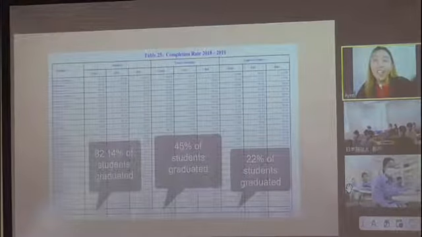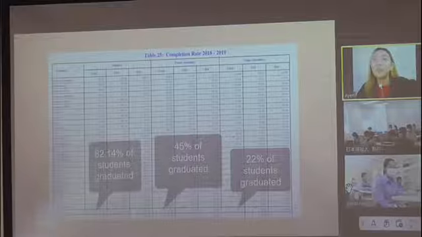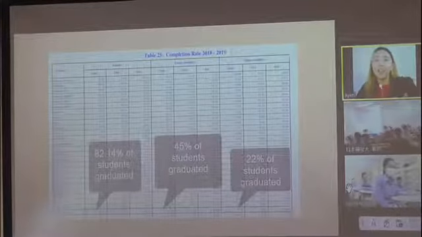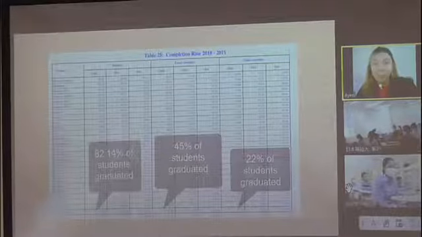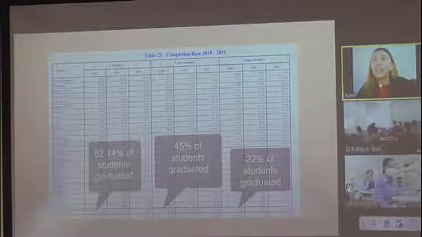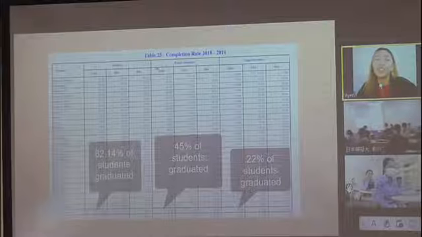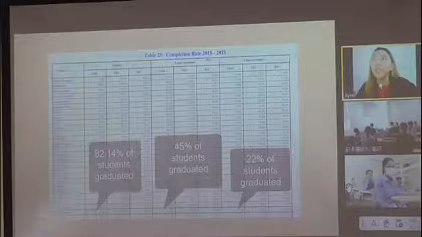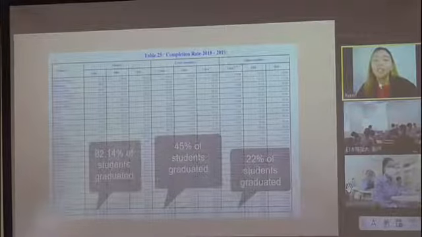Oh, here is another example. So as we can see in this slide, there is only one picture, and this picture is a table. And as we can see from the title, it's table number 25, completion rate of 2018 to 2019.